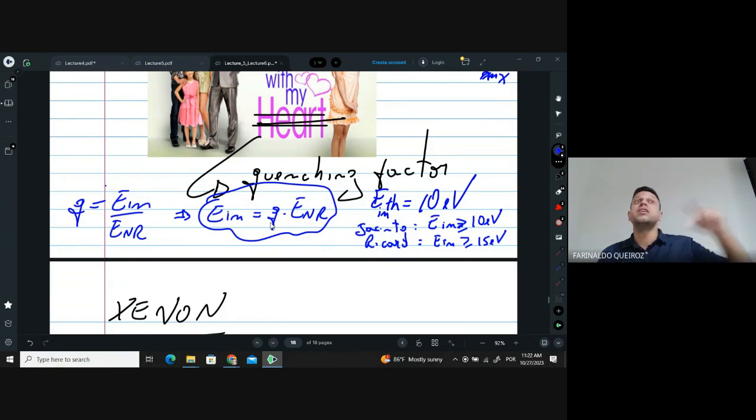Maybe he's sensitive to a different energy recoil, you're sensitive to a different energy recoil, and I'm sensitive to a different energy recoil. If we measure different energy recoils, the dark matter masses we measure are different. So we are sensitive to different dark matter masses for the same ionization energy, because I have different quenching factors.